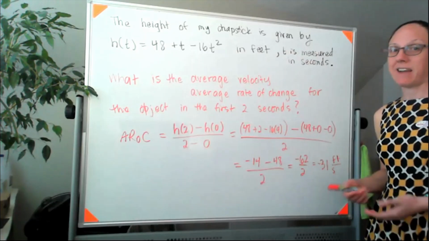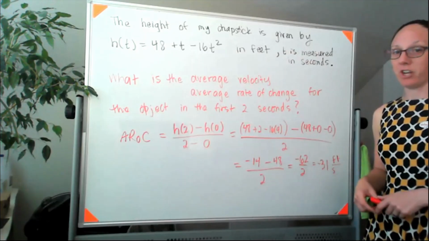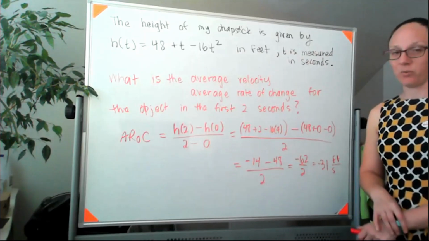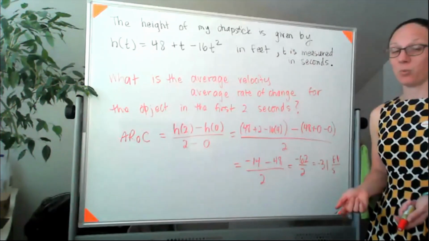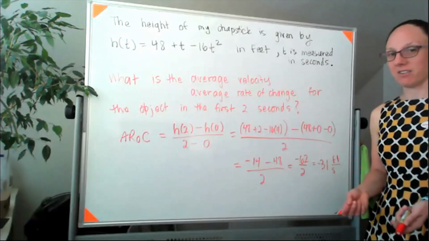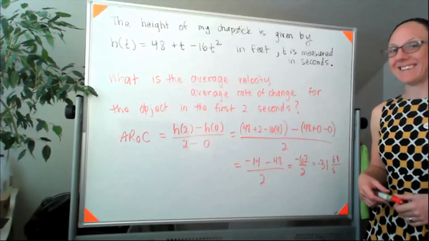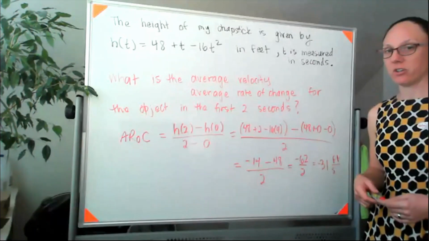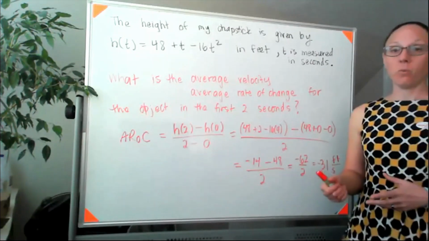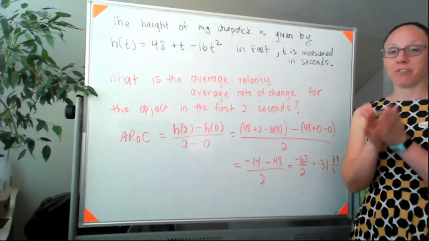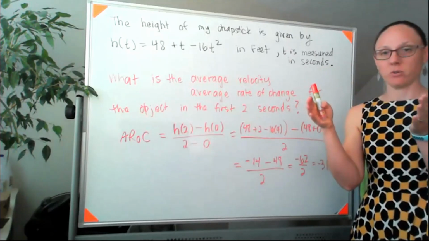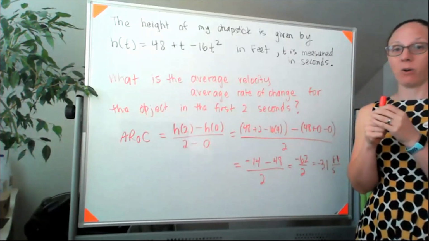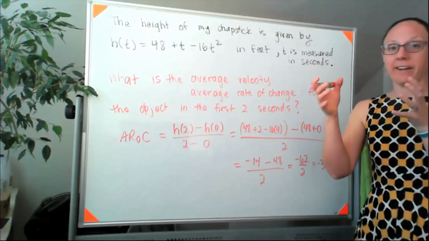Perhaps instead of asking you for the average rate of change, or in addition, maybe I'm going to ask you what the instantaneous velocity was, or the instantaneous rate of change. Now, for average rate of change, I have to be given a window of time or a window of x values, because we're talking about the average over a period.